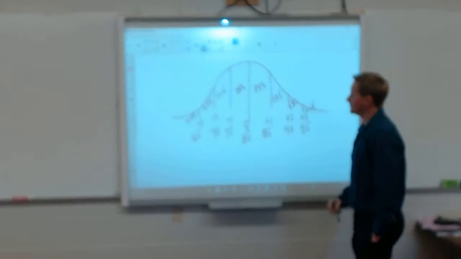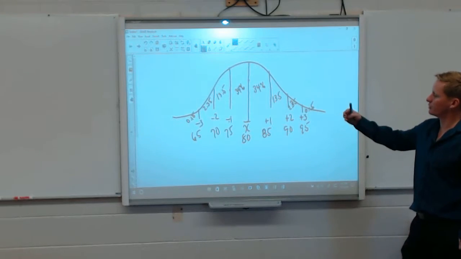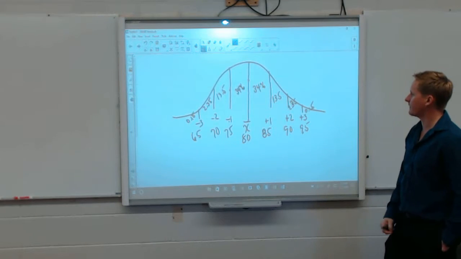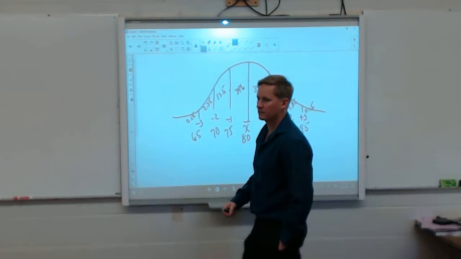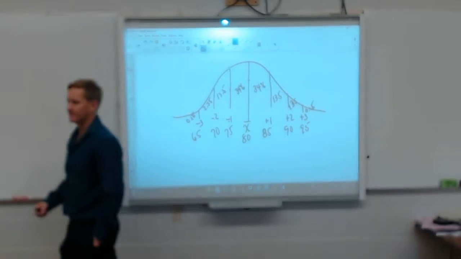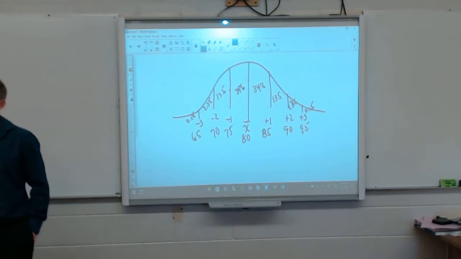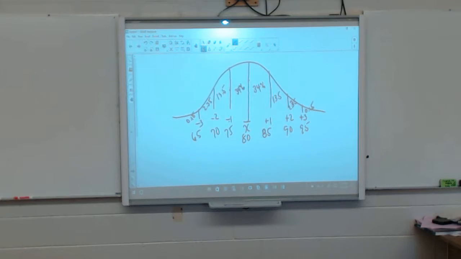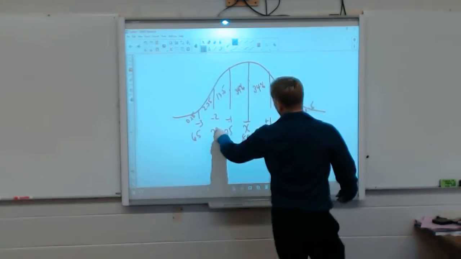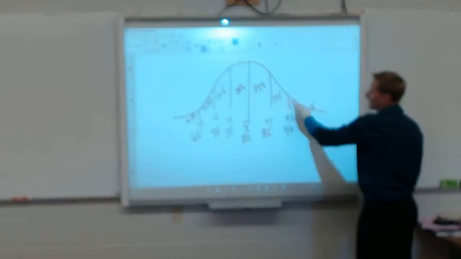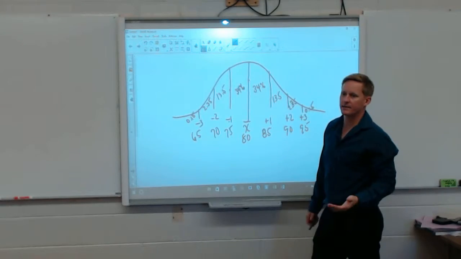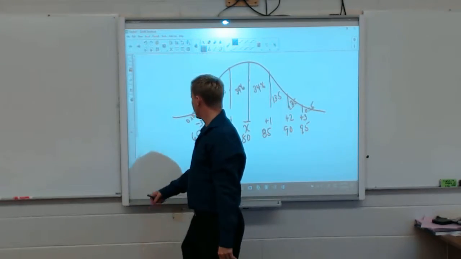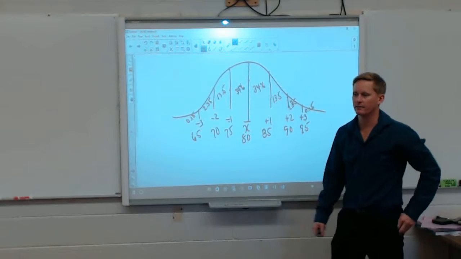Okay, so what percentage of the scores were greater than 70%? 97.5, right? You add up all of those percent values, and we know that greater than that value was all of these percents. So that means over 97% of the scores would have been larger than 70%.